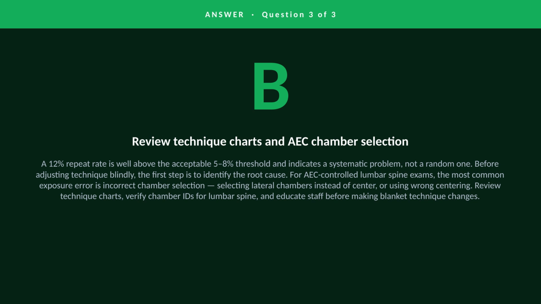Before adjusting technique blindly, identify the root cause. The most common exposure error on AEC lumbar spine is incorrect chamber selection, using lateral chambers when the center chamber is required. Review charts, verify chamber identification, and educate staff before making any blanket technique changes.